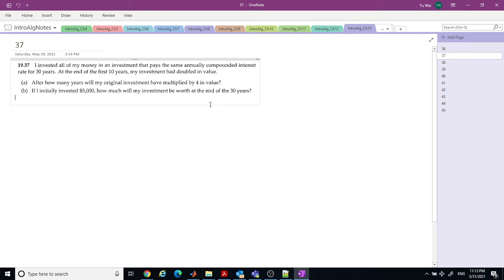Next. So I invest all of my money in an investment that pays the same annual compound interest. The compound interest means, when you have an initial value of I0 and the compound ratio is R, after the first year you will have I0 times (1 plus R).